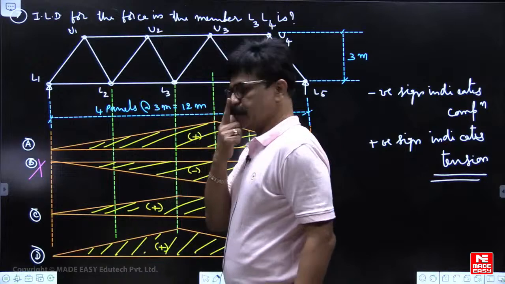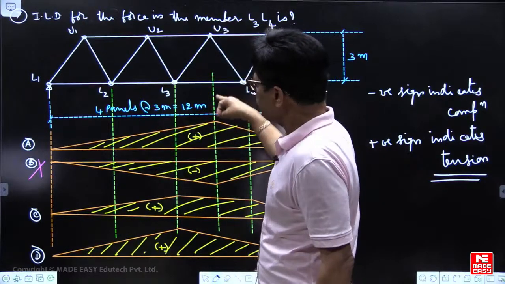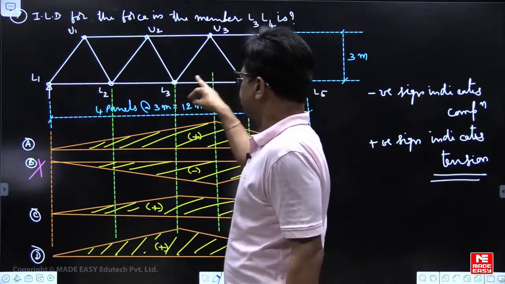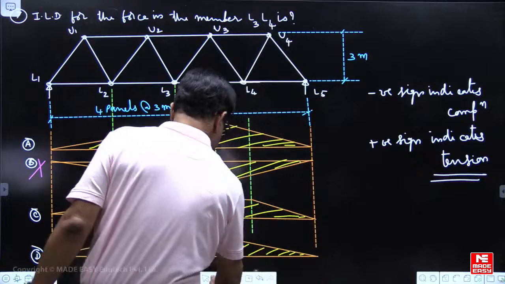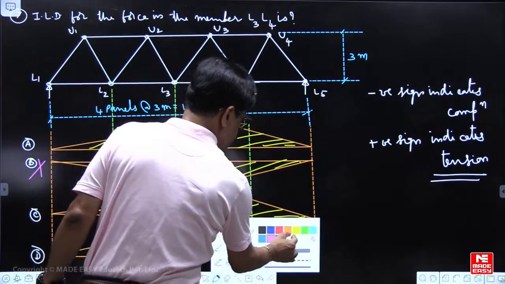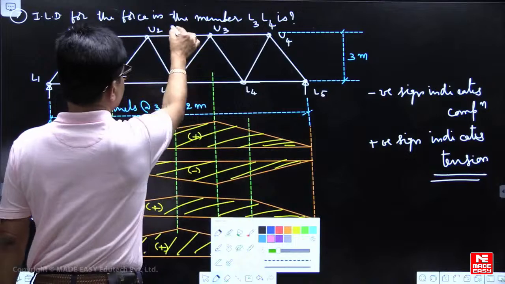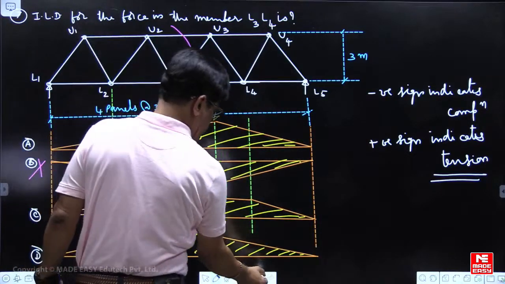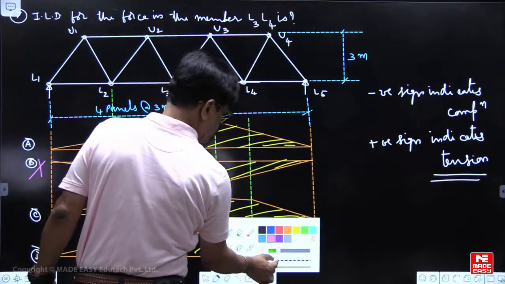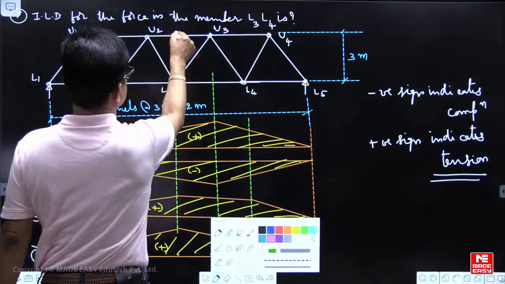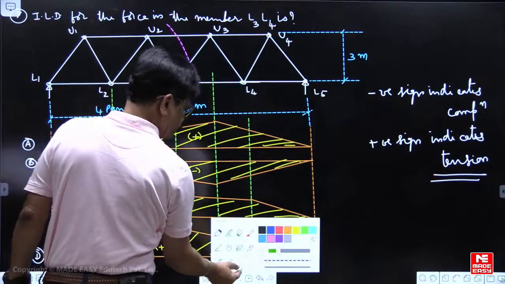Okay. Now, when you cut them, L3, L4 you are cutting. So L3, L4 is our point of interest. You cut it like this.